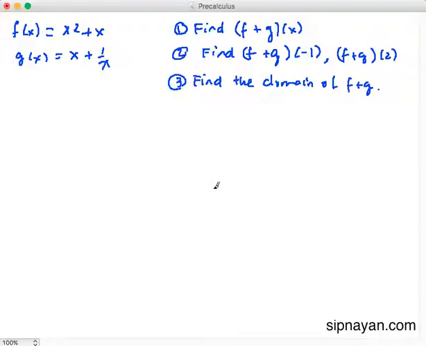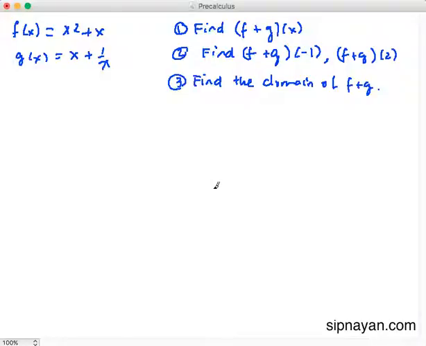Kung napanood niyo yung dalawang previous videos natin, yung Precalculus 1.34 at 1.35, sa 1.34 ay dinefine natin yung operations of functions, paano mag-add, subtract, divide, tsaka multiply ng functions, and tinignan natin yung mga values ng specific functions.